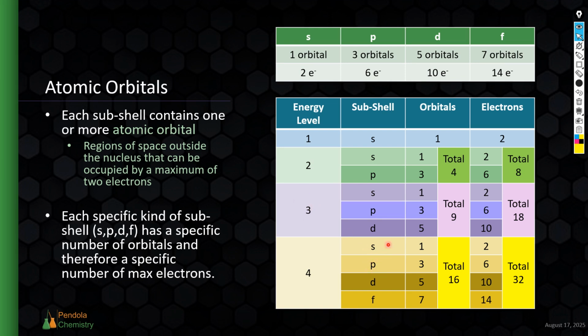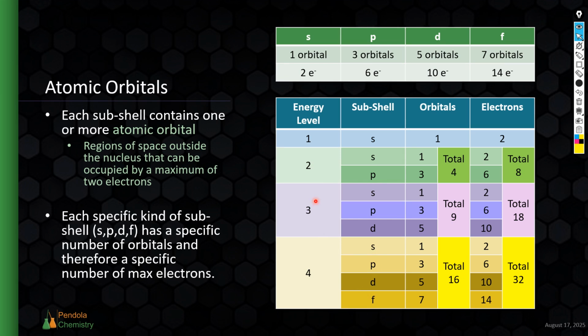The third energy level is where the D subshell starts, because remember subshell and sublevel are the same thing, and every energy level beyond that has it. And the fourth energy level is where the F sublevel starts. And every energy level past that, 5, 6, 7, all have S, P, D, and F sublevels.